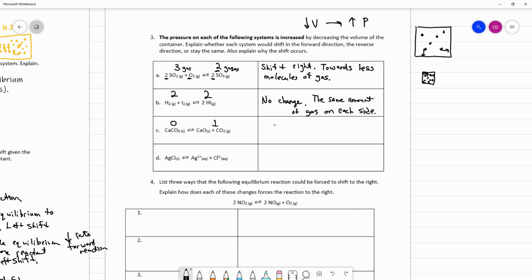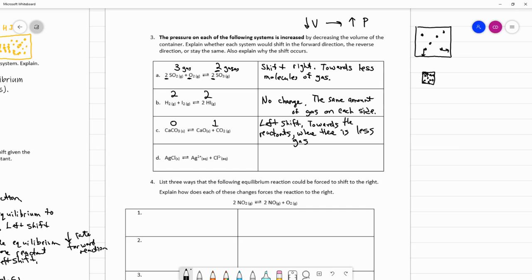We have 1 molecule of gas on this side, so increasing the pressure is going to cause this reaction to shift towards where there's less gas, so this will have a left shift towards the reactants, where there is less gas.